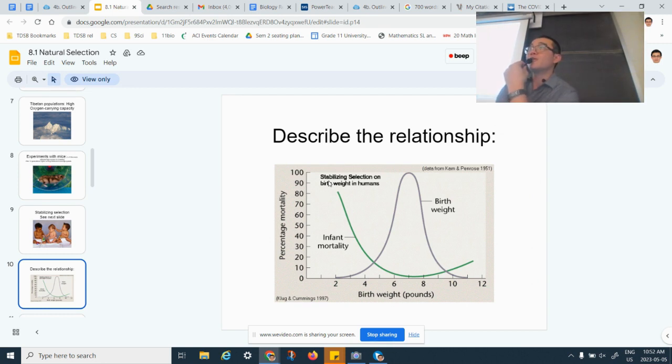Now, before we even look here, how many of you know your birth weight? Did your parents ever tell you how big you were, how heavy you were when you were born? How heavy? 60 pounds. You're definitely not 60 pounds. I forget what the number was, but I need to know the scaling first. 60 pounds?